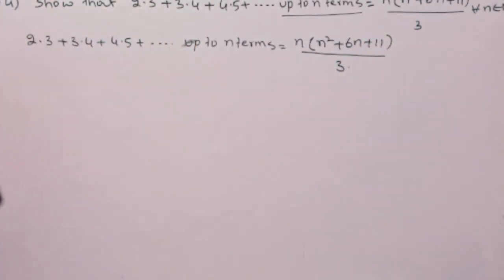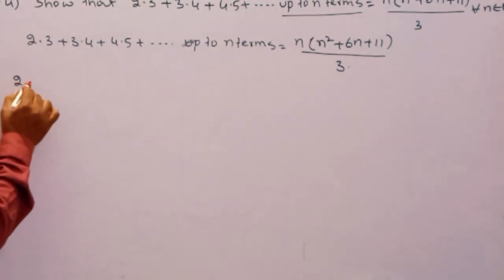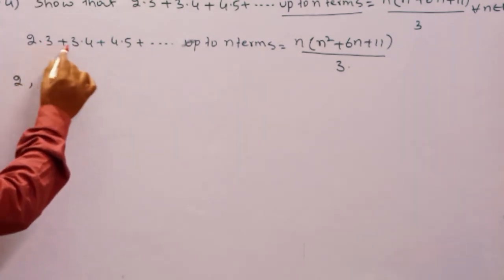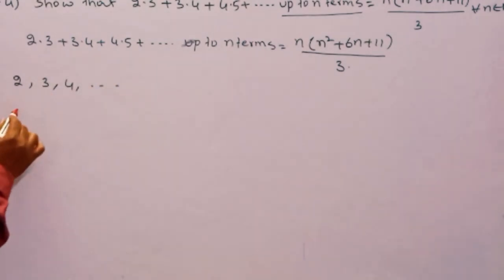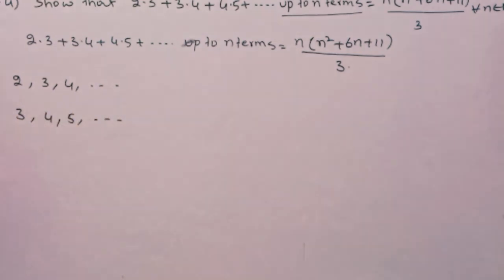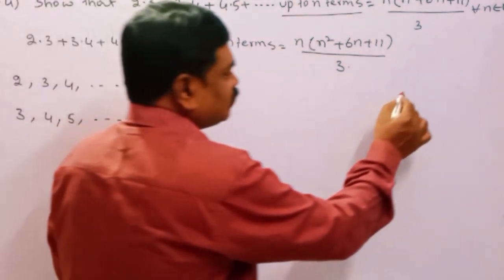Here two series are there. One is 2, 3, 4 and so on, and the other series is 3, 4, 5 and so on. In this, what is the nth term?